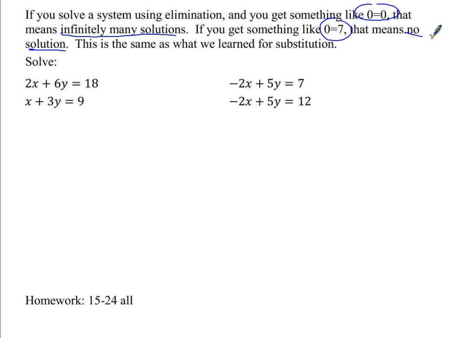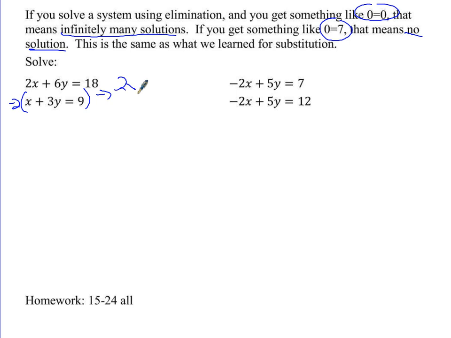What should I do with that first system if I want to use elimination to solve it? Okay, which variable are you trying to eliminate? Trying to eliminate y. So if we make opposites, that means that we need to multiply the bottom equation by -2 so that we can eliminate y. That's all I need to do. So multiply the bottom equation by -2, draw my arrow over.